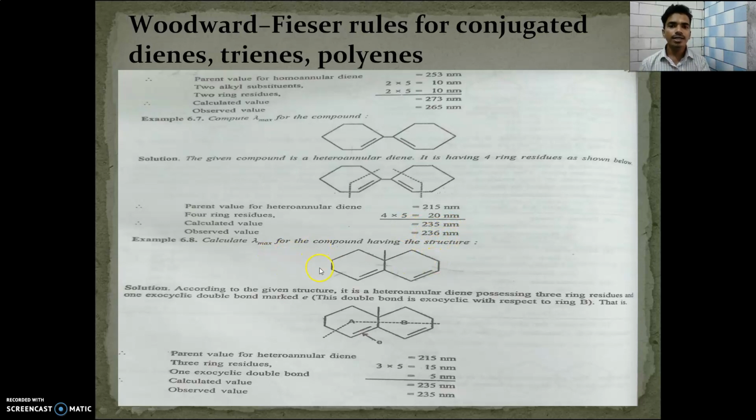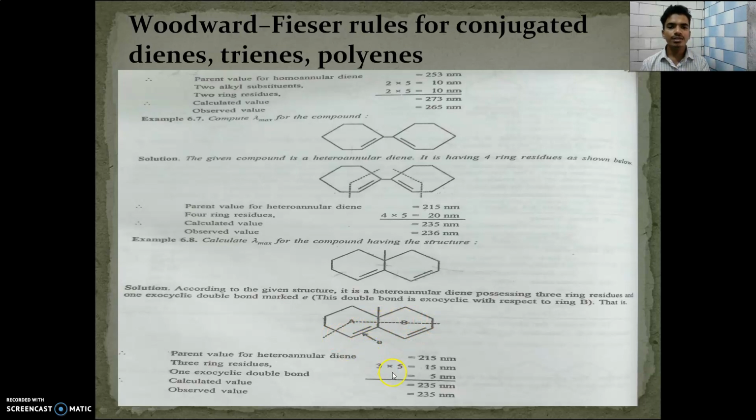Then another example is a compound having a structure like this. It is a heteroannular diene, so we add the value 215 nanometers. Then ring residues are there: here 1, here 2, 3. Ring residues are those considered from this double bond, here is the double bond, not with here.